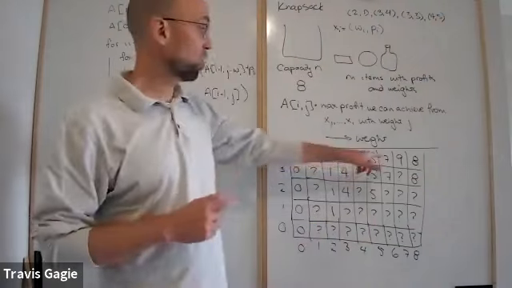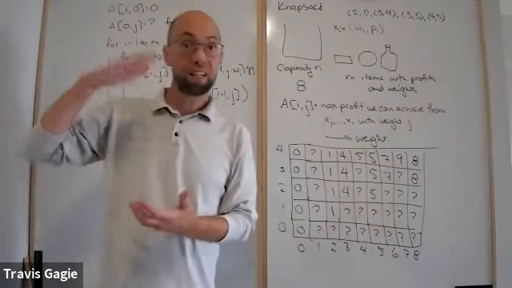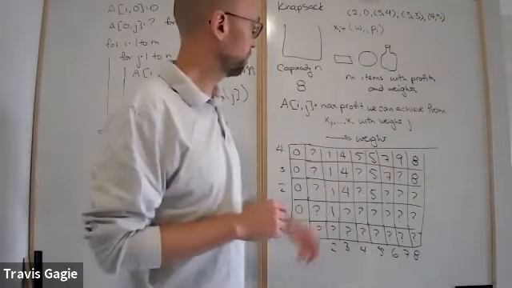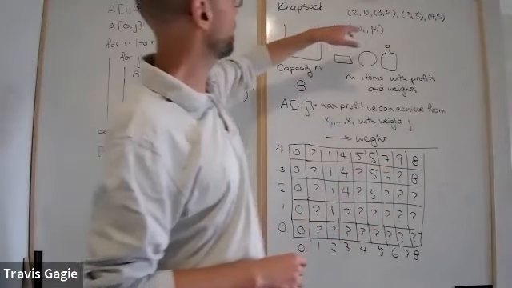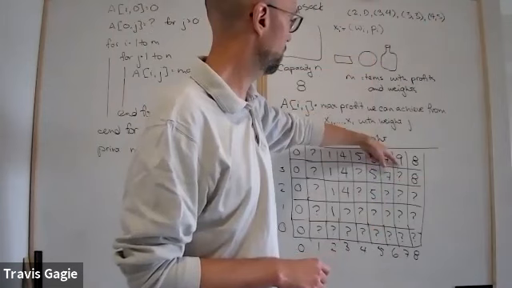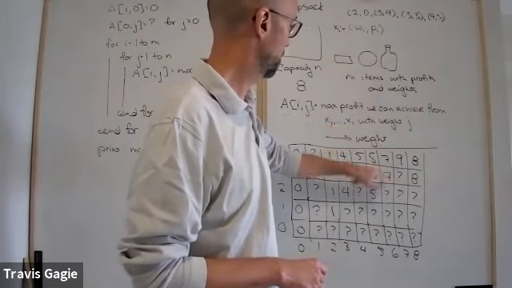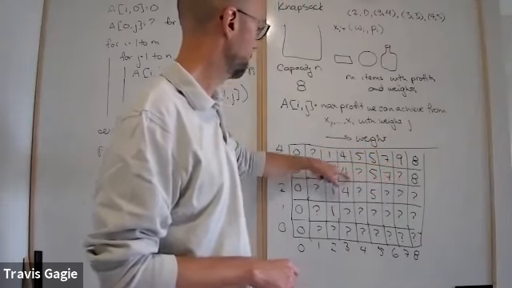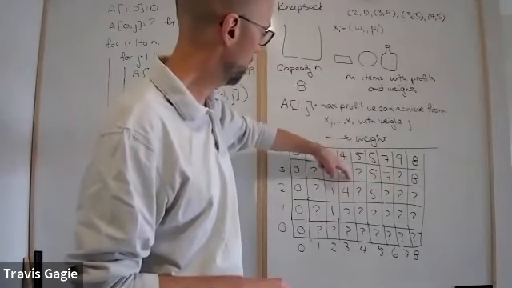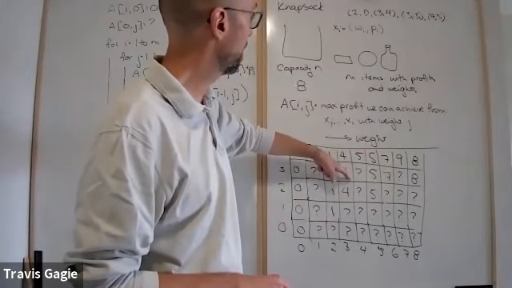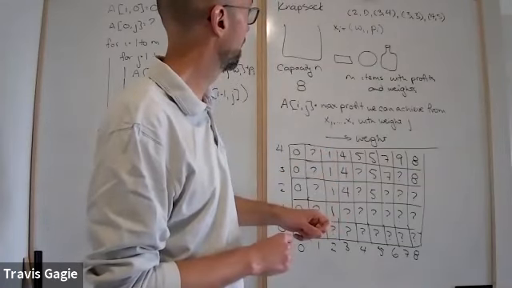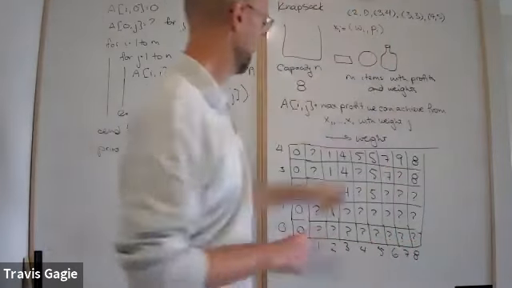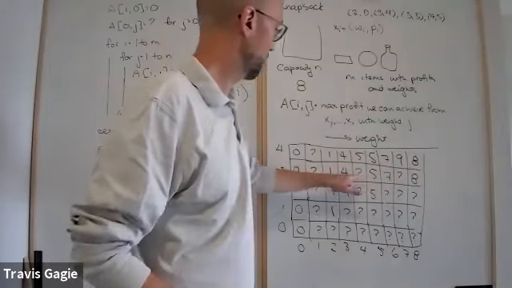But if we don't quite fill the knapsack, we can stuff in 1 more kilo, then the profit is 9. How do we do this? So we take this one because 1, 2, 3, 4. We take this one, we take that one. We take this one and go to the 4.